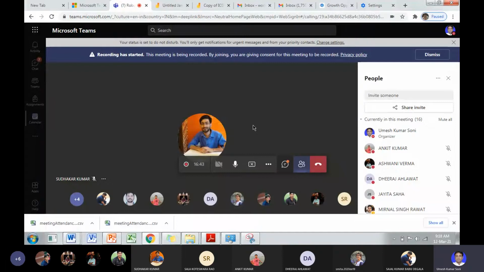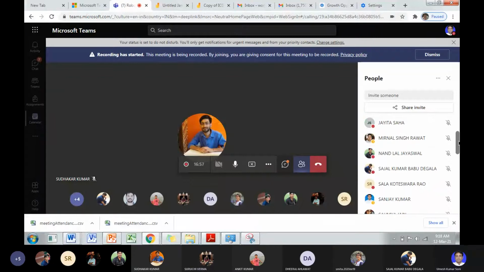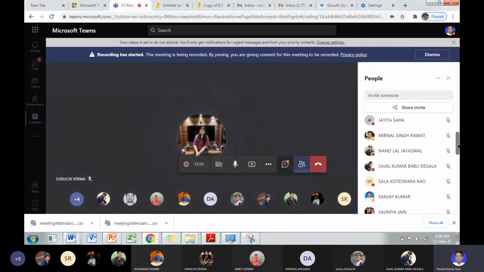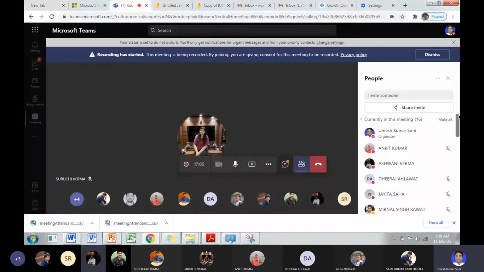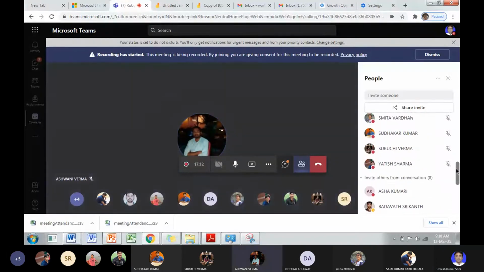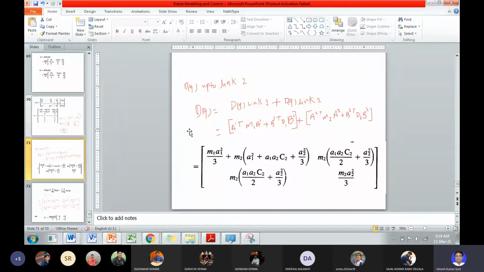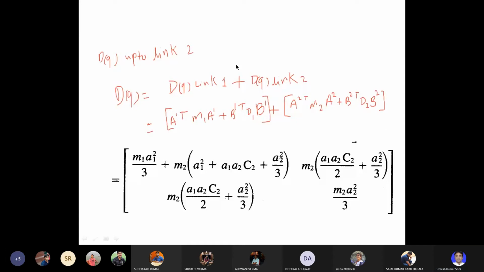No student is giving a response. Ashwini, yes sir, we are doing it. At least say something. You people don't speak. Yes sir, we are doing it. I am showing this slide, you have to calculate this. Each step has to be shown while the work is done by you.